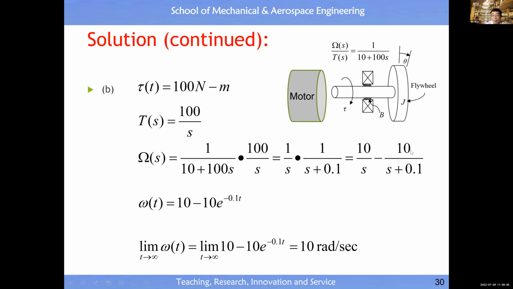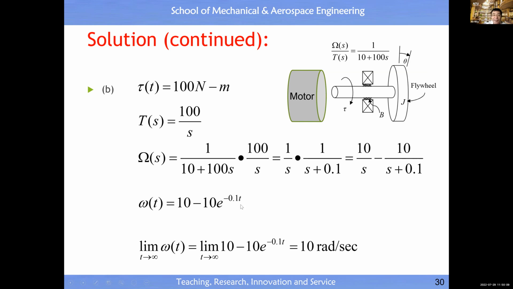Multiply both sides by the denominator under B, which is S plus 0.1, then let S equal to negative 0.1. Then you should be able to obtain B. Once you have this expression, you immediately apply the inverse Laplace transform. You see, 1 over S corresponds to a constant.